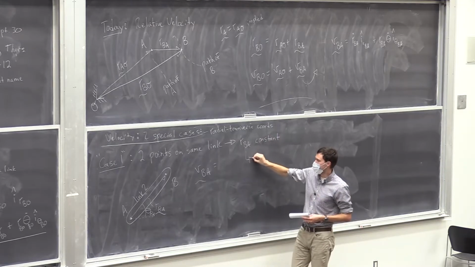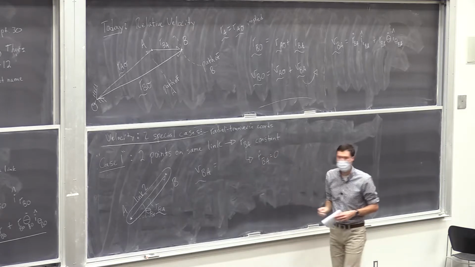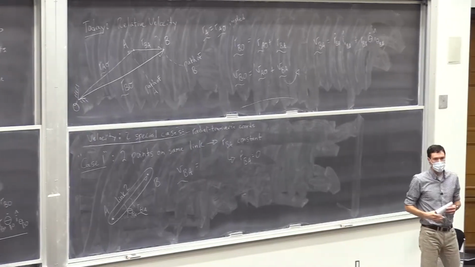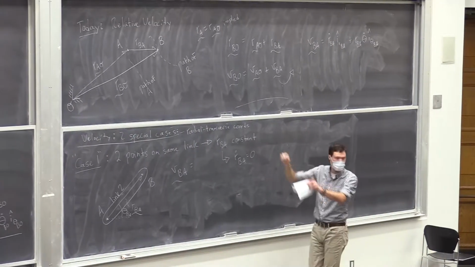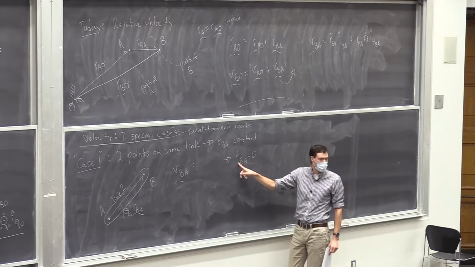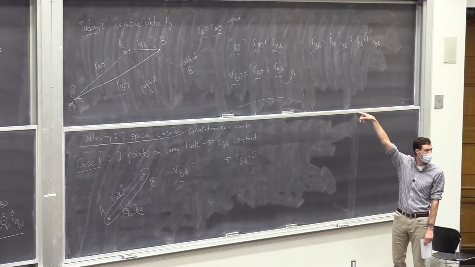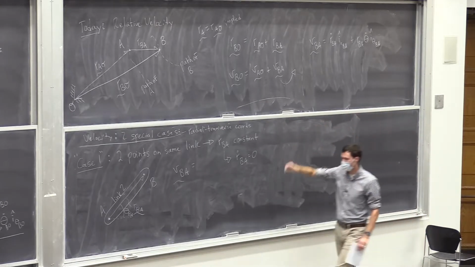And if r is constant, that'll tell us r dot equals 0. Okay, simple concept. Link is rigid, 2 points on it. They're not getting further away from each other or closer to each other. So that means that whole radial term goes to 0 in our equation.